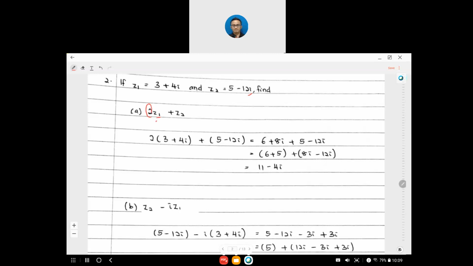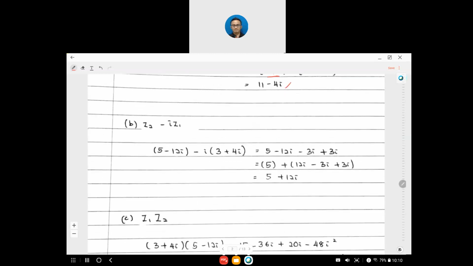So you times by 2 first for Z1, so you get 2 times 3 plus 4i, you get 6 plus 8i plus 5 minus 12i. So also same thing, the real part 6 plus 5, and then the imaginary part 8i minus 12i. So it becomes 11 minus 4i.